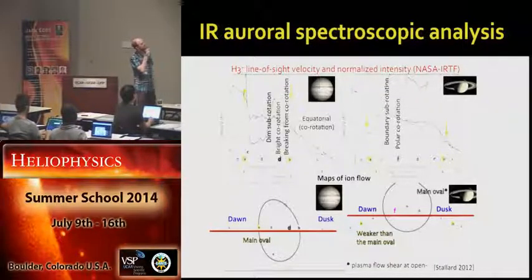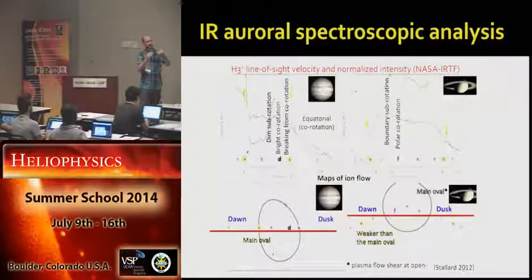Yeah, so I don't know why the figure is like this, but there are two solid lines that look similar to me. One of them is H3+ emission here, and the other one that more closely follows the dashed curve, that's the actual H3+ ion velocity.